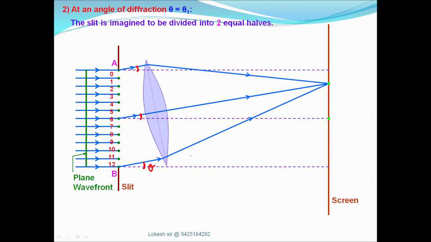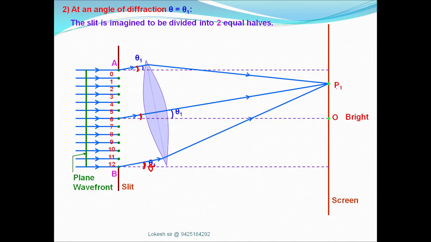Every time your wavelets are diffracting by an angle theta, now what will happen? If your waves are diffracted by an angle theta, again you will have the central bright, because originally the waves are interfering here. But if I talk about the diffraction pattern at point P1, some secondary wavelets will focus here at the position P1.